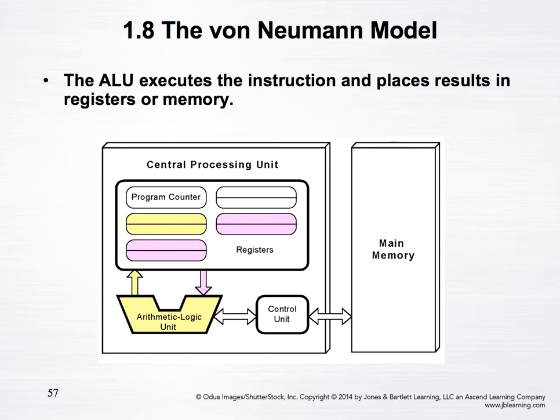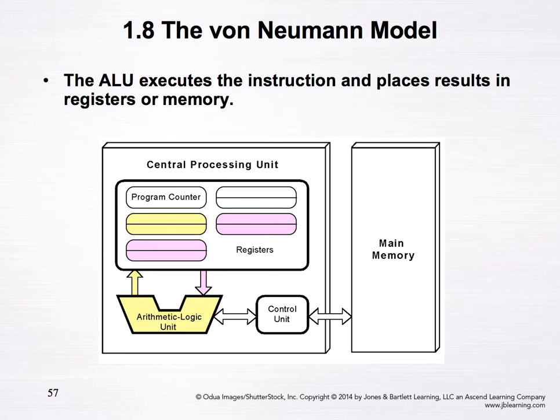In the last step, once all the operands have been placed into the registers, the ALU will execute the instruction and place the result in a register or the memory. It just depends on the instruction, but if we want, we can get the result from the register and also store it back into the memory anytime.